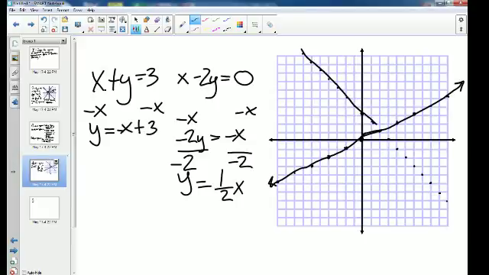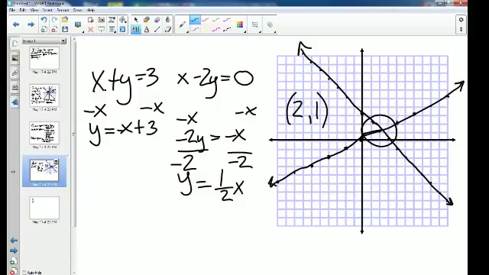Select all of these. They intersected right here, which means the intersection is (2, 1).